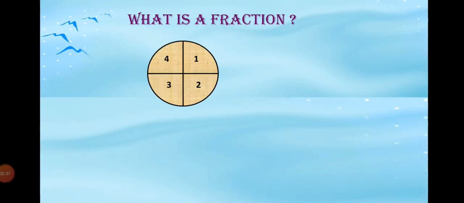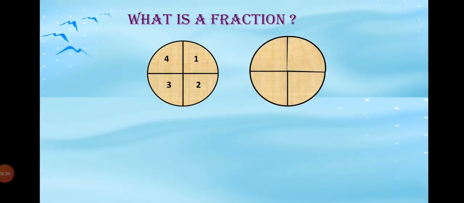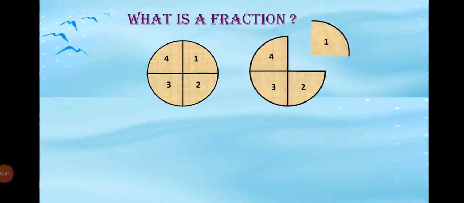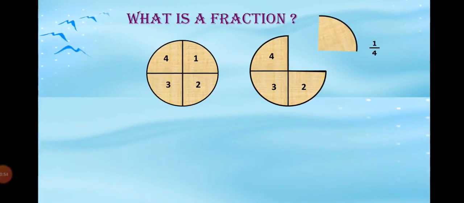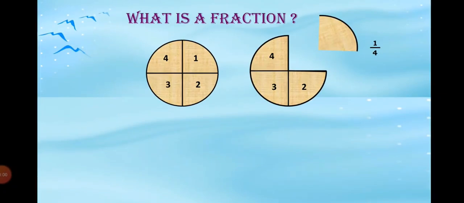From the same divided circle, if I take away one part out of the 4 parts, it will be represented as 1 by 4, where 1 is the numerator and 4 is the denominator, which represents the whole part of a divided circle.